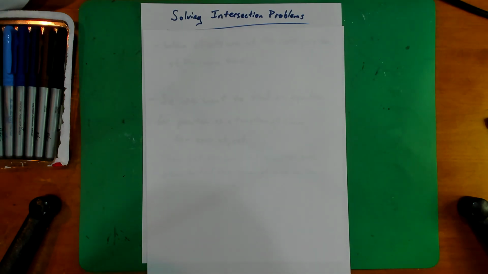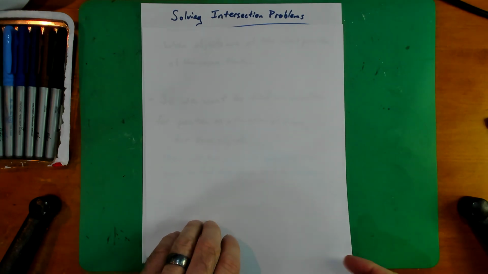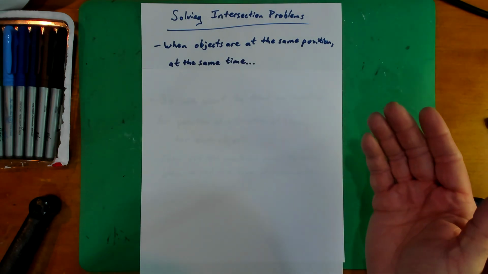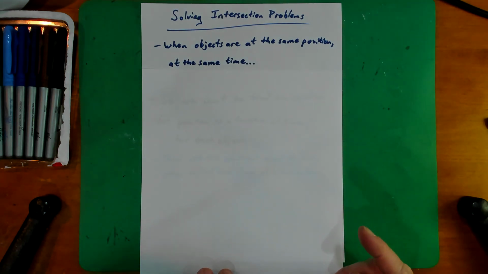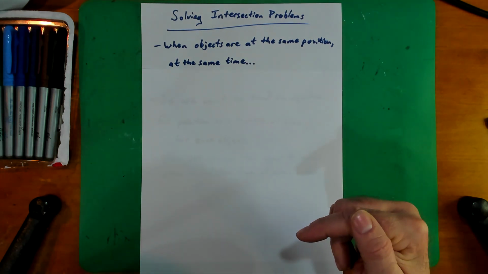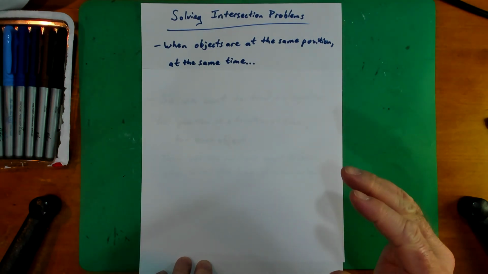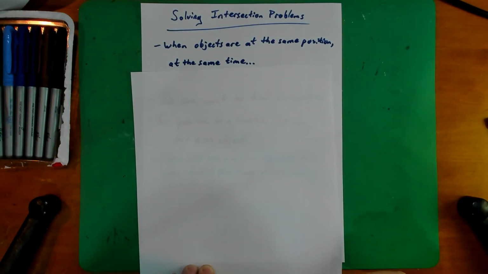Let's talk about the general procedure for solving intersection problems. The first thing about an intersection problem is that an intersection is when the objects are at the same position at the same time. So the way that we solve them is that we want to find an equation for position as a function of time for each object.